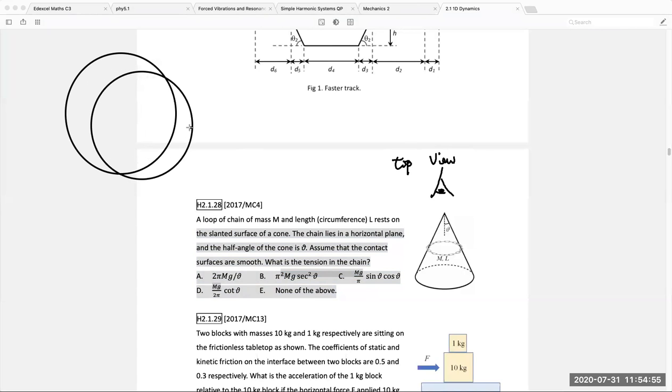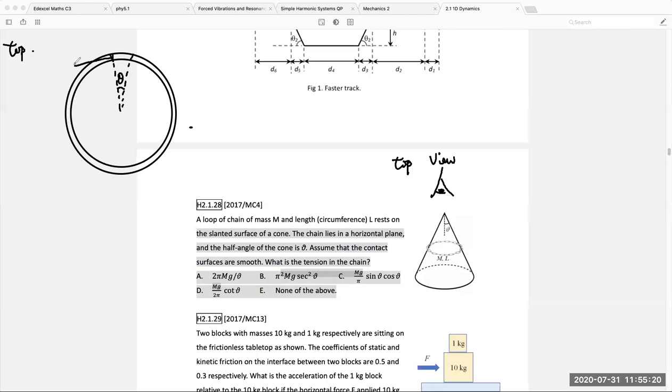Okay, so this is the ring. We need to cut it into small parts. So let's say I cut it into a small part here, and this is a very small angle, theta. And then there is a tension acting on both ends.